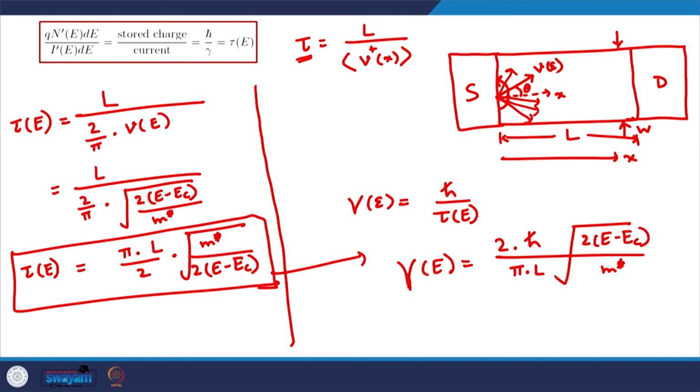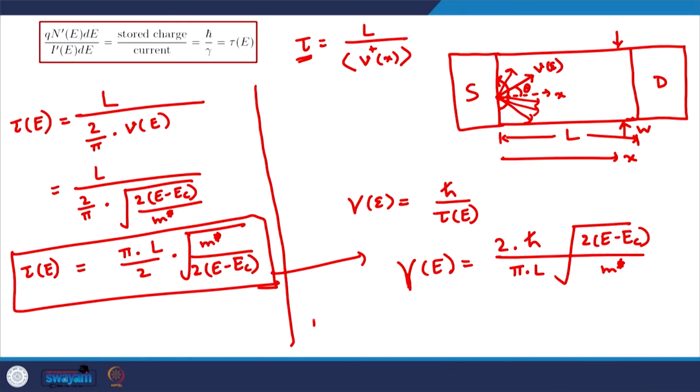And as you might have predicted from this, now we can calculate the number of modes in the channel using this expression. If you recall, the number of modes in the channel is gamma E times pi by 2 times d E. Okay.